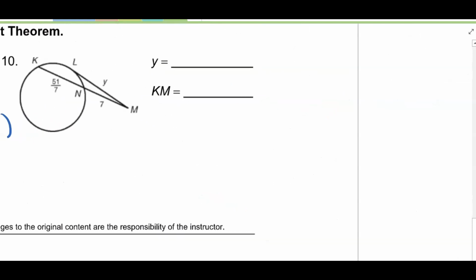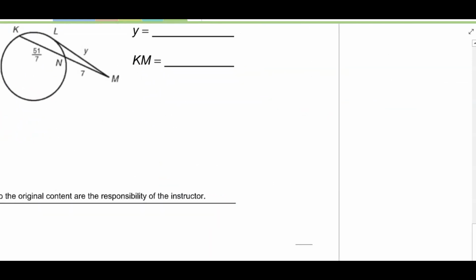Last question. Once again, one last time, we have outside times whole equals outside times whole. So we have an outside of 7 times a whole of 7 plus 51 over 7. Well, if I think about the fact that 7 is really equivalent to 49 over 7, I can add them together, right?